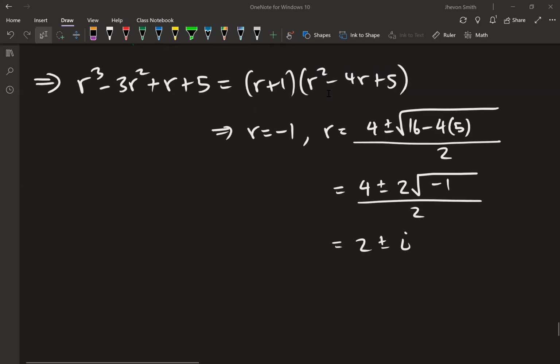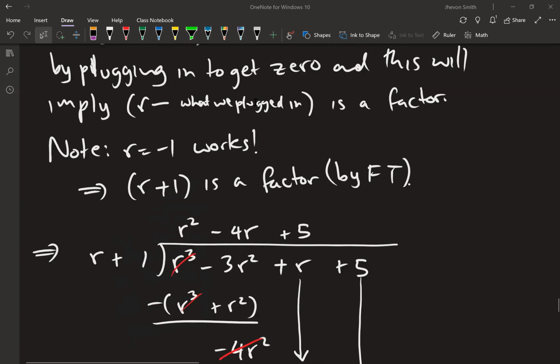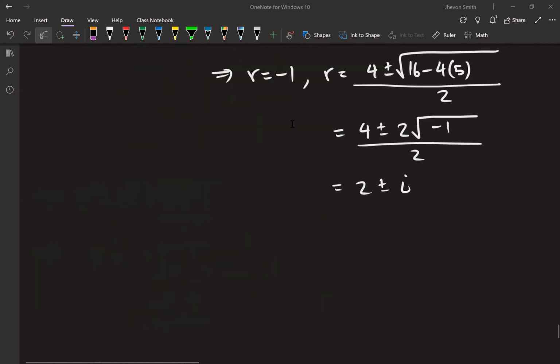So here it didn't come from an ODE, but yes, if this did come from an ODE, those would be the roots.